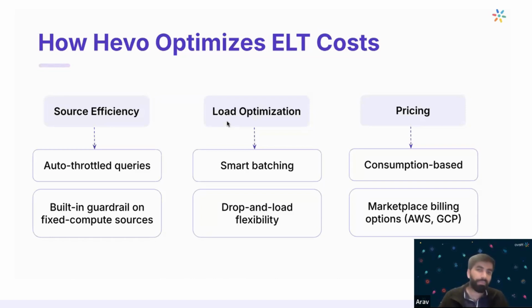So to accommodate for that, we have built in certain guardrails on how we query, which creates very lightweight, low impact querying on your source when we are doing historical as well as incremental workloads. Of course, source efficiency is a lot of times more towards when you are doing a bulk load, but it can also be there when we are doing some kind of custom query or table mode based pipelines where this impacts.